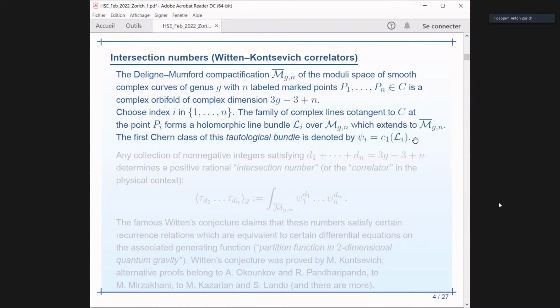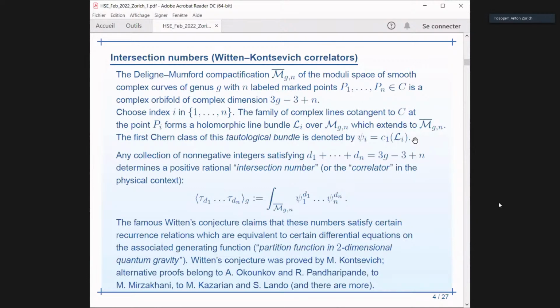And as any holomorphic line bundle, it has a first Chern class, and we get n Chern classes. Now, the dimension of the base space M_{g,n} is 3g minus 3 plus n. So all these classes have real rank 2.